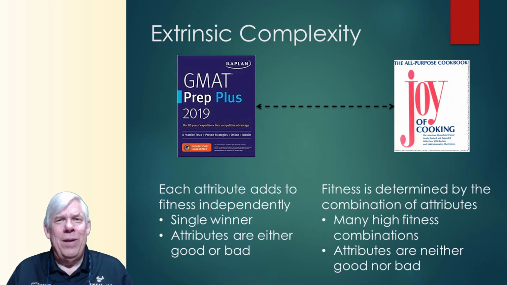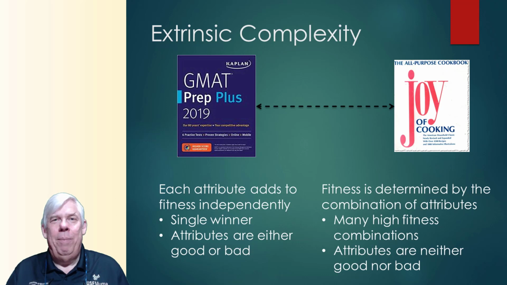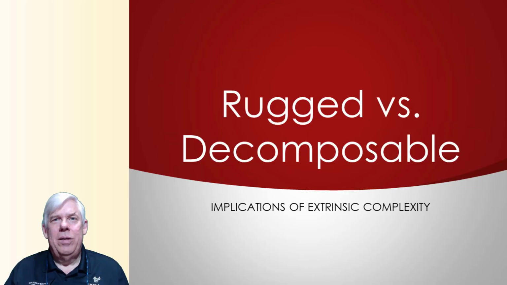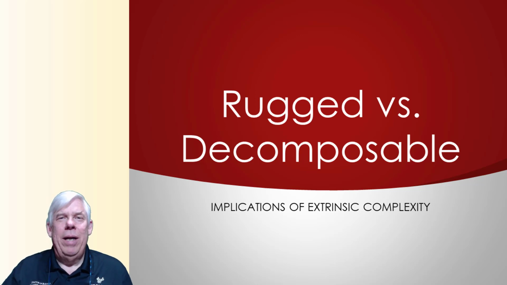Now, the reason for this is in a highly complex environment, all the factors that determine the fitness of the outcome interact with each other, so you cannot look at them independently. You have to think of them in combination with each other. So, as I just mentioned, simple relationships between attributes and outcomes are called decomposable.